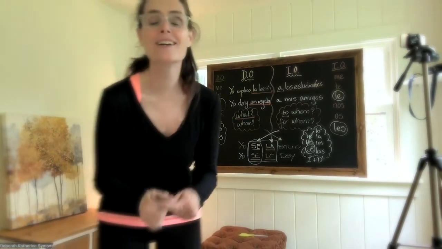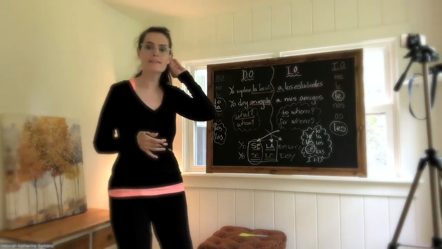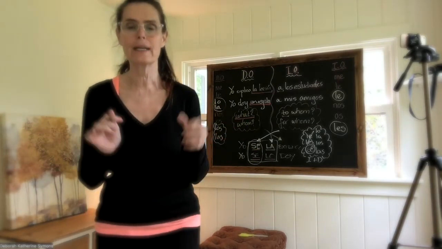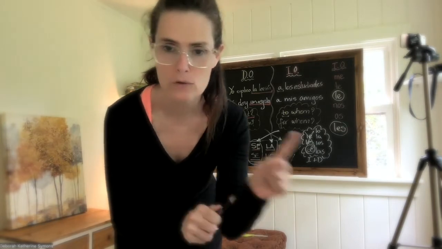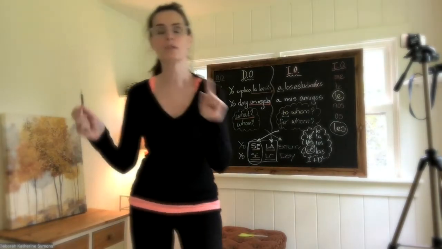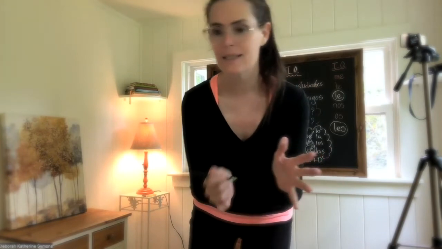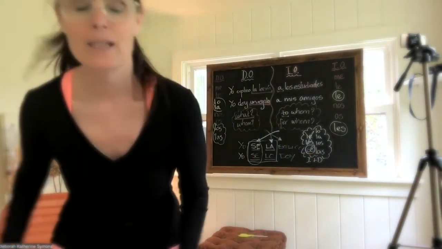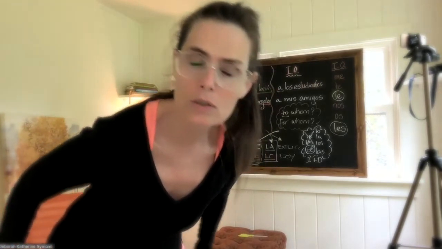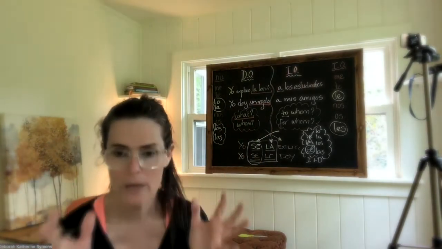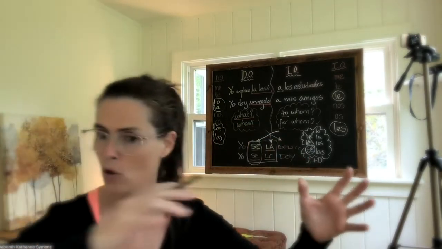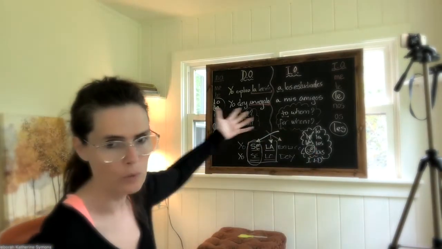Okay, so today we are going to take a look at the direct object pronoun and the indirect object pronoun together. During your Elementary 1 and 2, you learned how to use them separately. So basically, what you did, let me get my chair so you can see me, is that you learned where the direct object pronoun was going, and you said, okay, I'm going to answer the question what and whom, which is what we have there on the board.